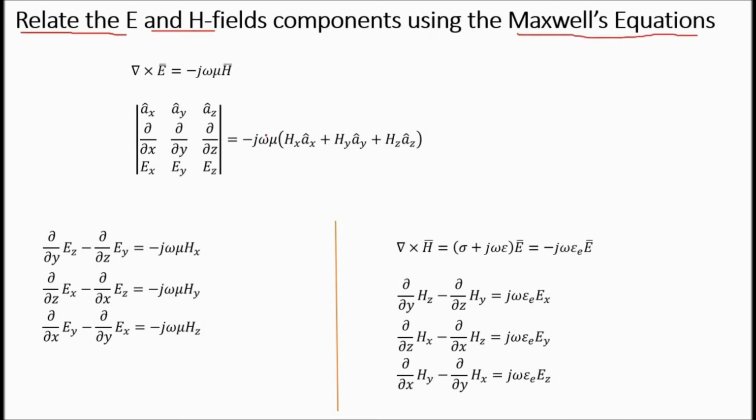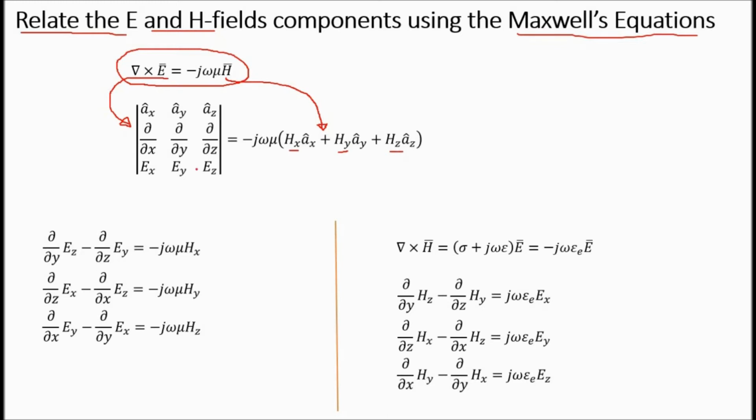So we apply the first Maxwell's equation. Curl of E is equal to negative j omega mu H, and then the curl in Cartesian coordinate system can be written like the matrix shown here, and the magnetic field has three components: Hx in the x direction, Hy in the y direction, and Hz in the z direction.